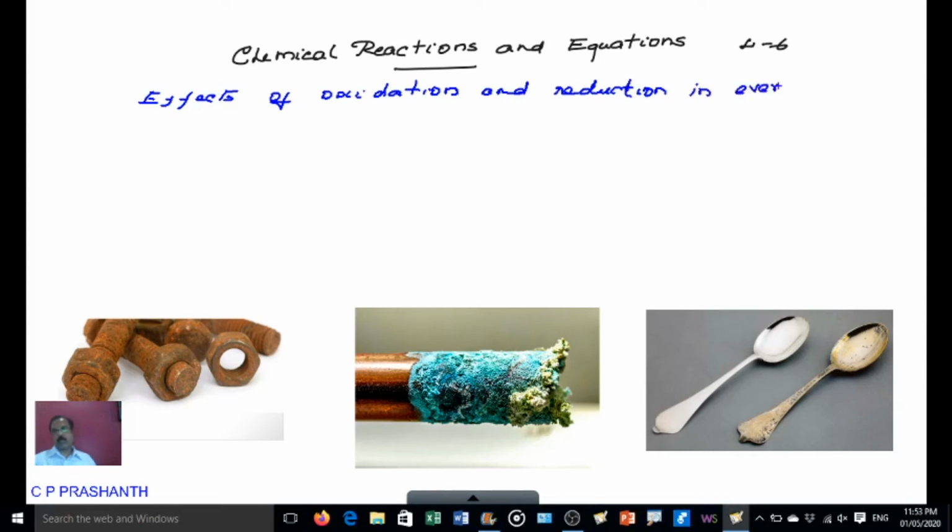Now it is important to understand that it is not only iron which is getting corroded, there are other metals also which get corroded. Just like iron gets corroded, copper also gets corroded, silver also gets corroded.